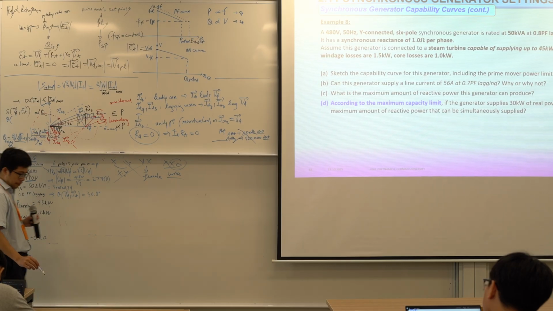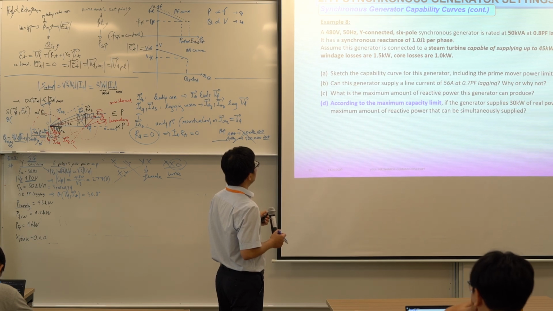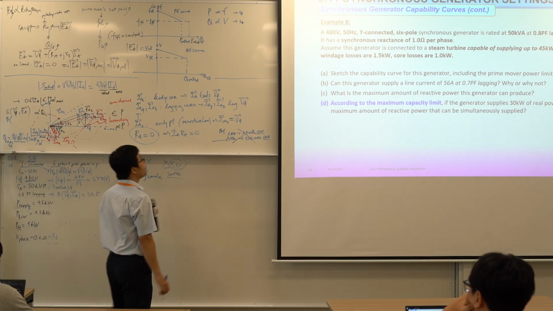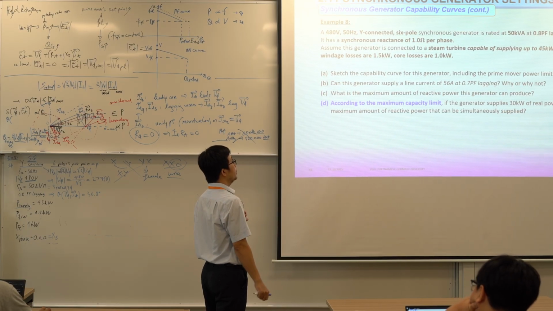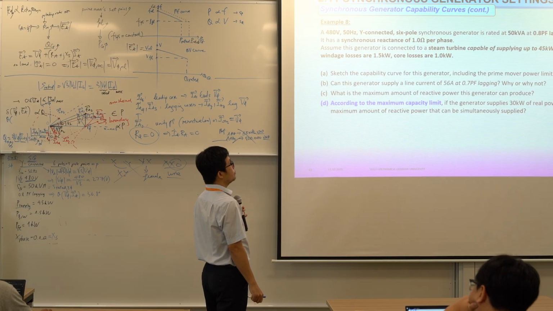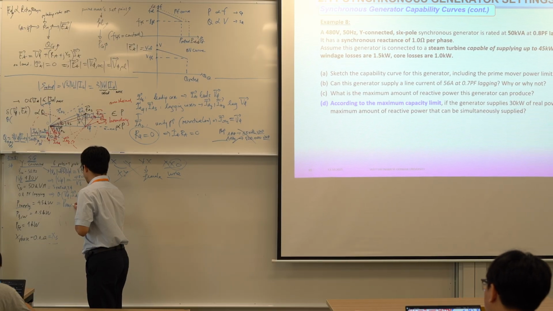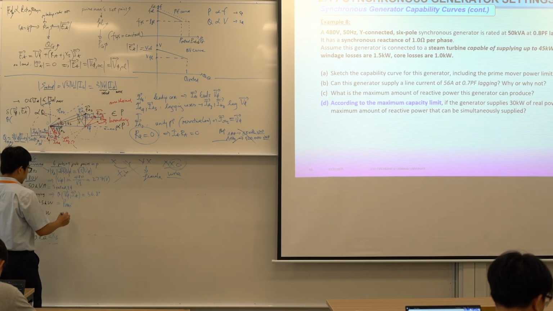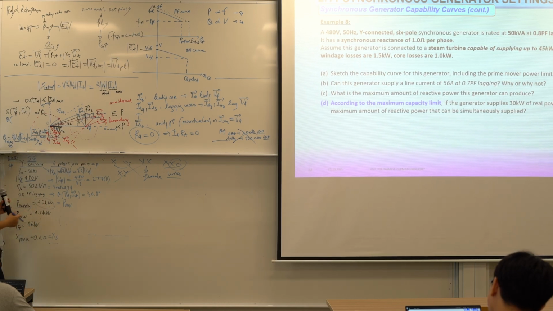Then it has a synchronous reactance of 1.0 ohm per phase, here XS. I assume this generator is connected to a steam turbine capable of supplying up to 45 kilowatts. So this is the maximum input power, because this power comes from the prime mover, like a steam turbine.